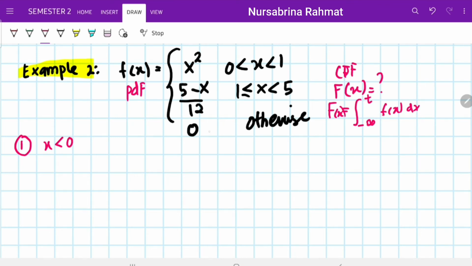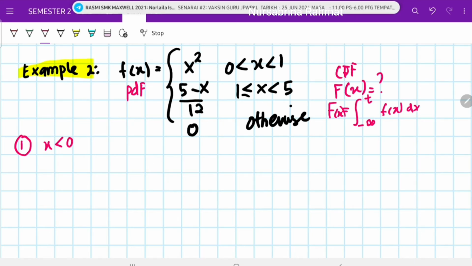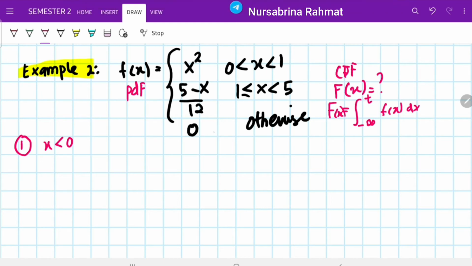As you can see from the given probability density function, it is equal to 0 otherwise, that means any values of x other than the given class intervals, which are these two.